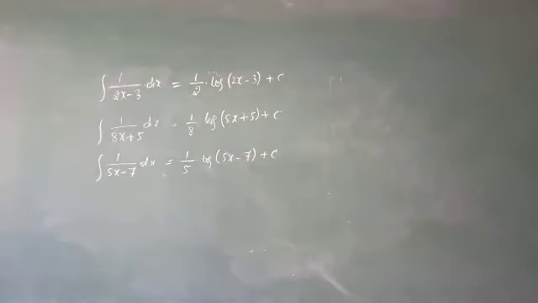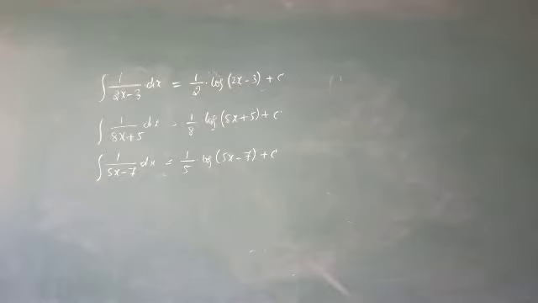So this type of problem is asked for 1 mark. Integrate of 1 divided by 2x minus 3, integrate of 1 divided by 8x plus 5, integrate of 1 divided by 5x minus 7. The first is equal to 1 by 2 into log of 2x minus 3 plus c.